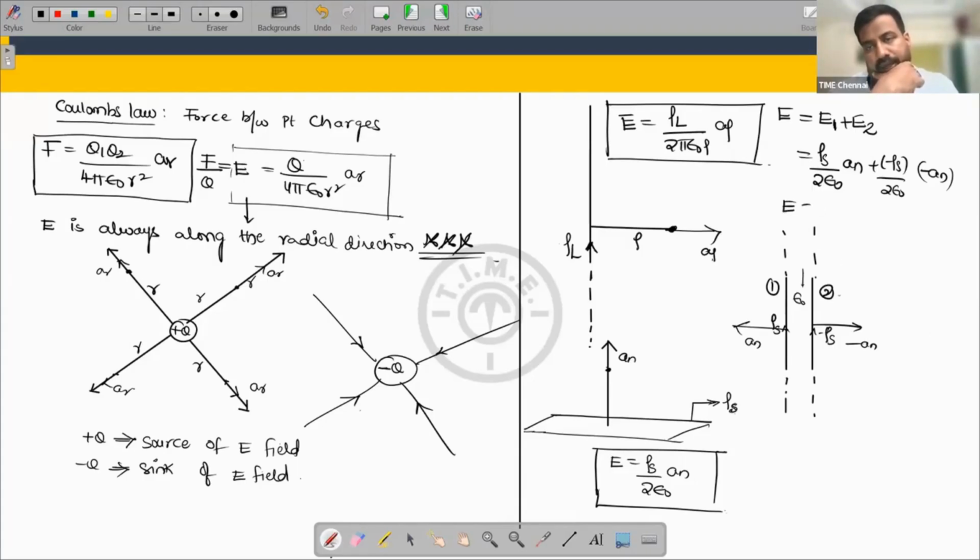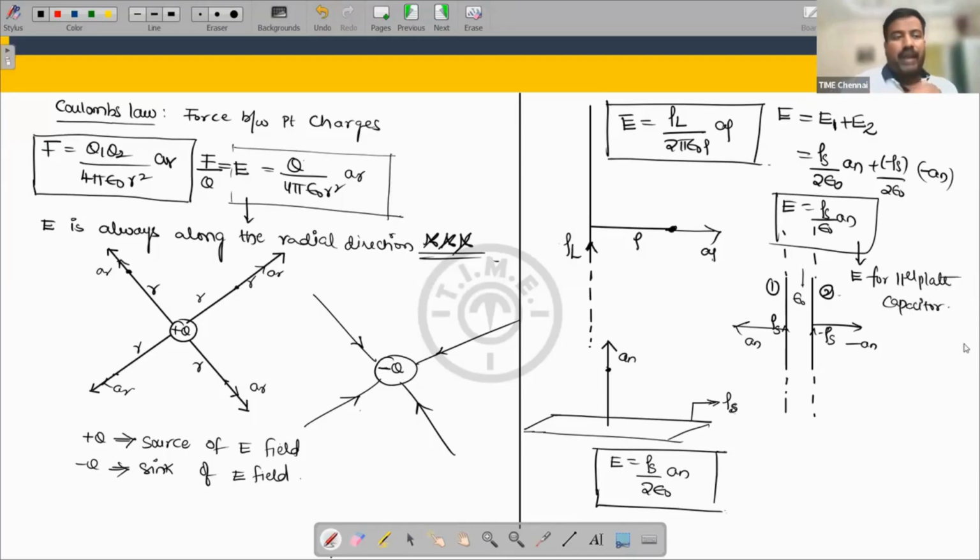And you get total electric field is rho s by epsilon naught an. A very important expression. This is electric field for a parallel plate capacitor. And this is also potentially a very important topic.